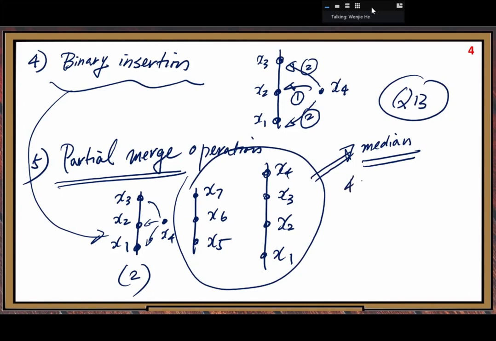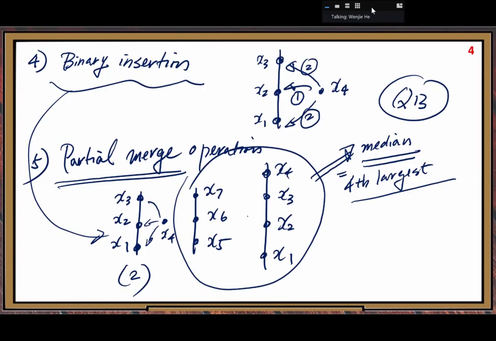The fourth largest. To find the fourth largest in these two ordered arrays, we just apply the merge, but we do not need to complete the merge. Merging the whole array sorted, we don't need. As soon as we find the median, we stop.